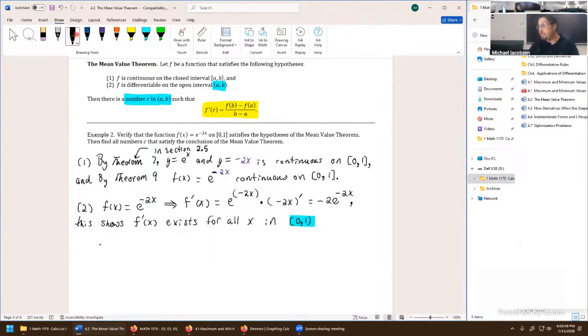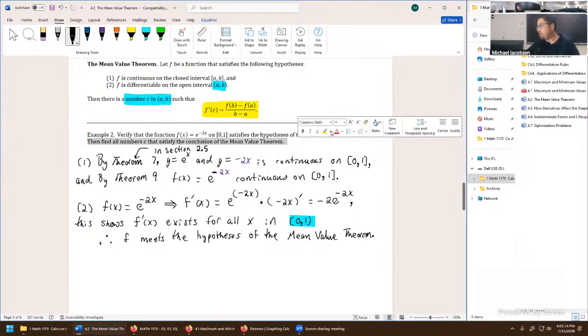So we can say right here now, therefore, f meets the hypotheses of the mean value theorem. So what we'll do next is find all numbers C that satisfy the conclusion to the mean value theorem.